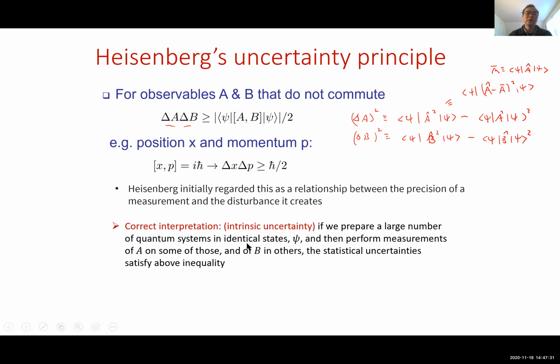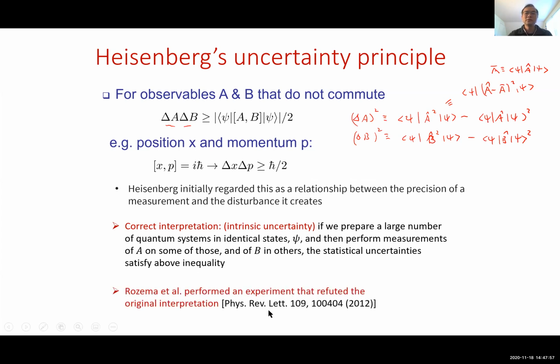Then if you take some of these identically prepared states and measure A, and measure B on others, the statistical uncertainties of A and B satisfy such an inequality.